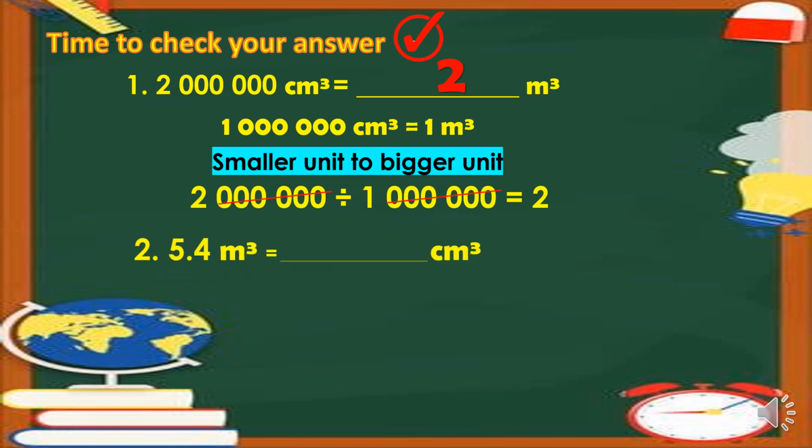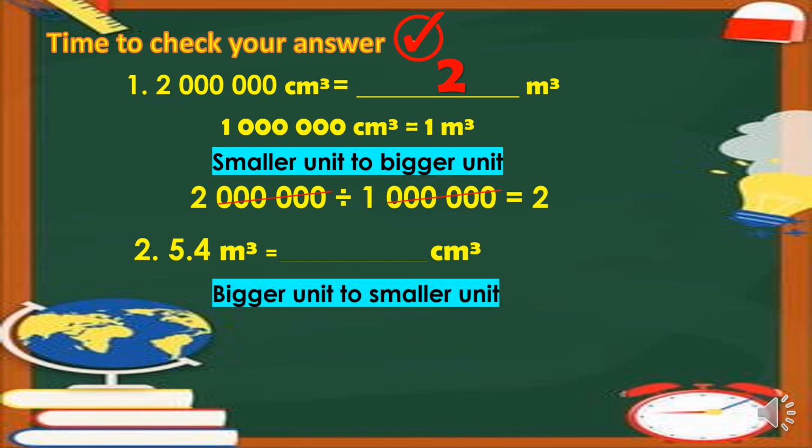Okay, let's move on to number 2. 5.4 cubic meter is equivalent to how many cubic centimeter? So this is bigger unit to a smaller unit. So again, for every 1 million cubic centimeter, that is equivalent to 1 cubic meter.